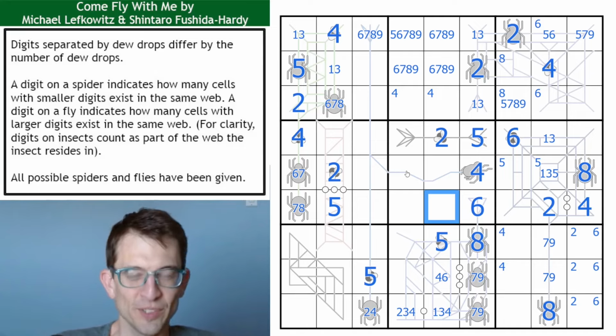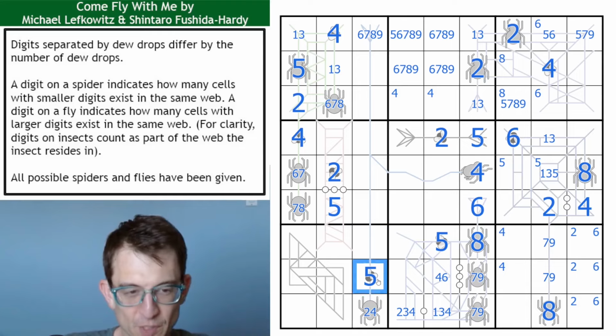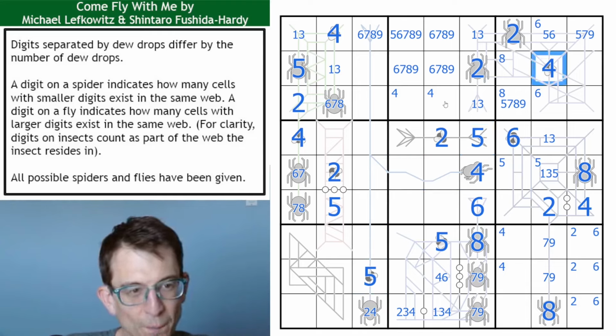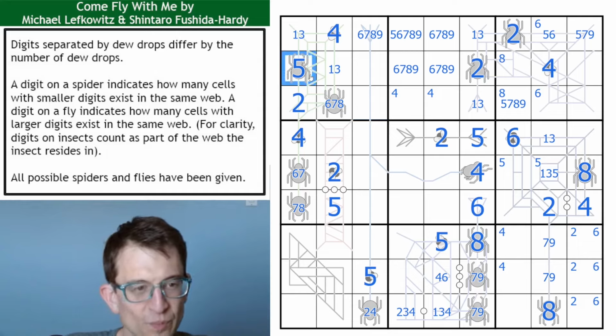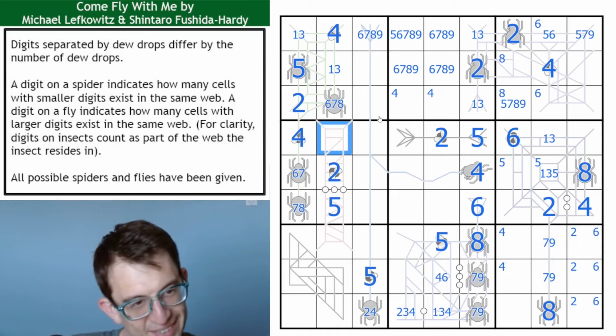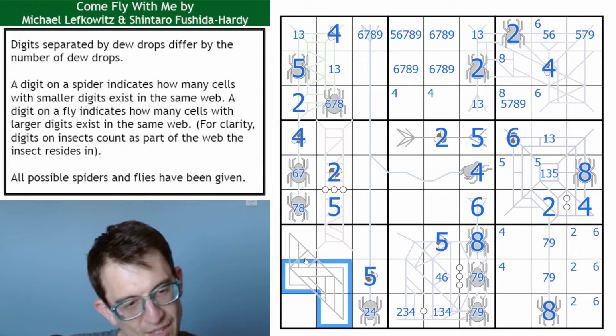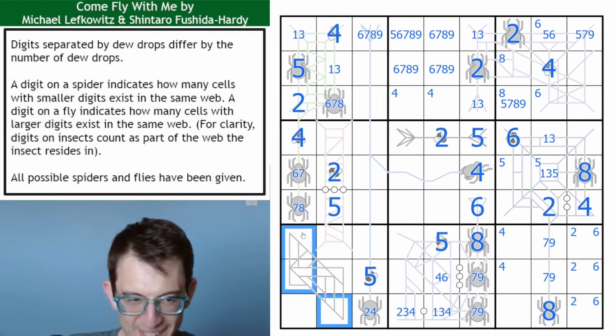Where do we go? Could this, no. For this to be, yeah, the fly uniqueness I don't have to worry about. Why is this web here?